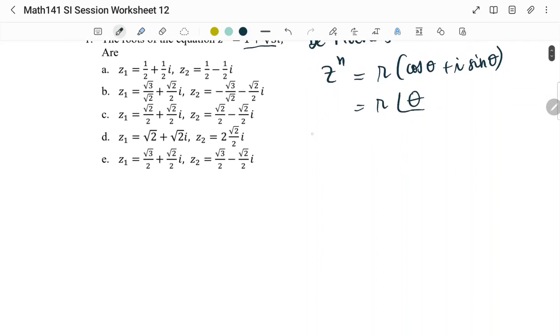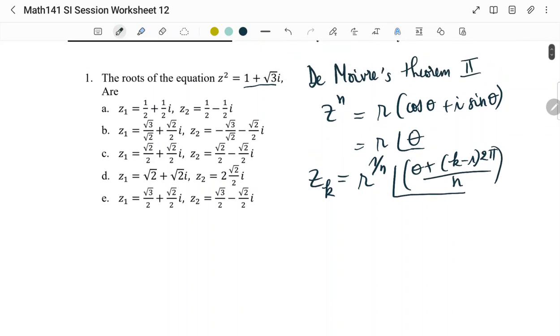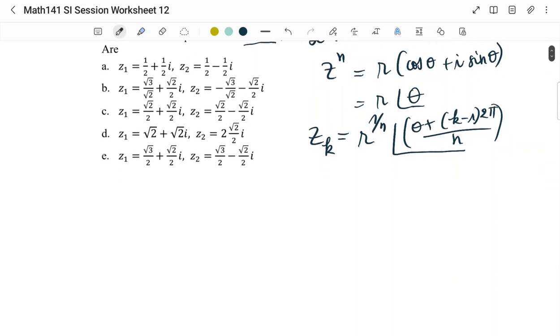If you're looking for the roots of that equation, which we'll call k, those roots are just equal to r to the 1 over n, and the angle will just be theta plus k minus 1 times 2 pi all over n, n being the exponent of z in the equation, right?